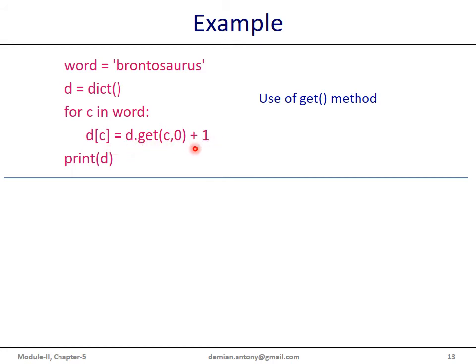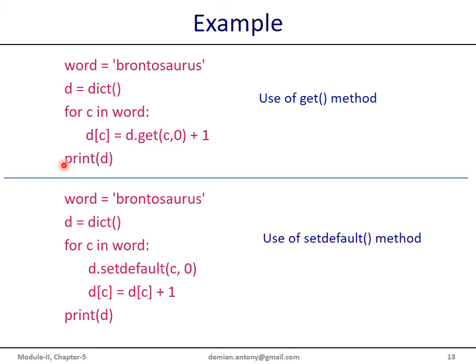And for all the subsequent appearances, we are going to increment the counter, the existing value at that particular letter, by 1. Thus, if you print the dictionary, again we get the histogram, that is the frequency of occurrences of each of the letters.